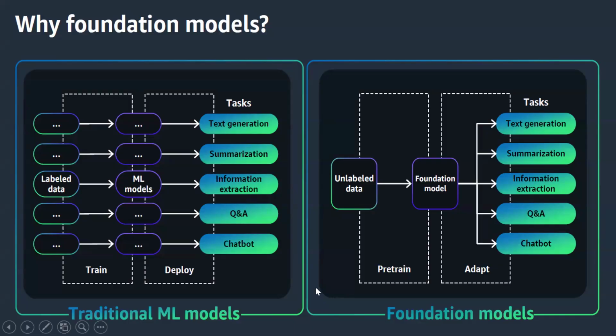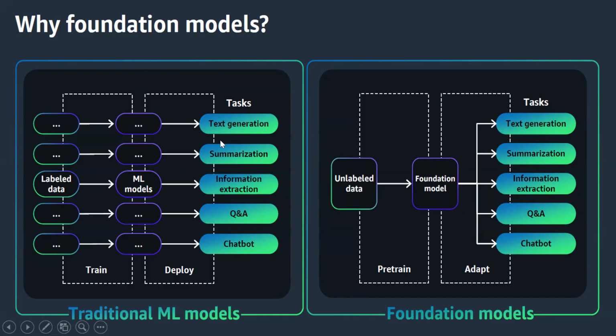This we also discussed. Traditionally, when we train a model, for example the housing price model, can I use that model for other tasks? No, I cannot do text generation, summarization, question answering or anything else. I cannot even use that model to calculate house prices in a different location, in a different country altogether. So these ML models are very limited to the task on which they are trained, and they are not at all good for NLP problems.